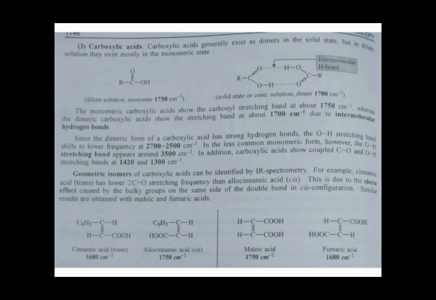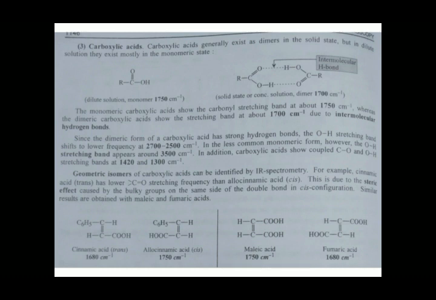Here the monomeric carboxylic acids show the carbonyl stretching band at about 1750 cm inverse, whereas the dimeric carboxylic acids show the stretching band at about 1700 cm inverse due to intermolecular hydrogen bonds. The dimeric form of carboxylic acid has strong hydrogen bonds.